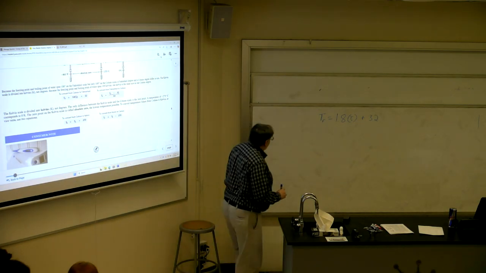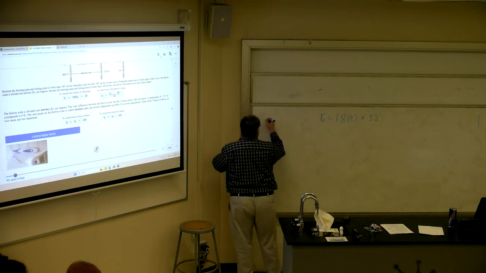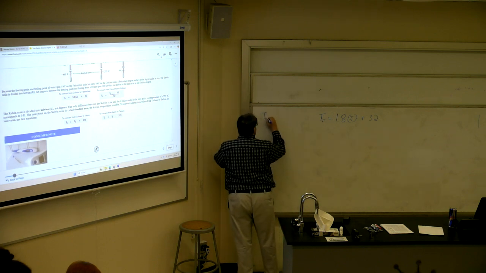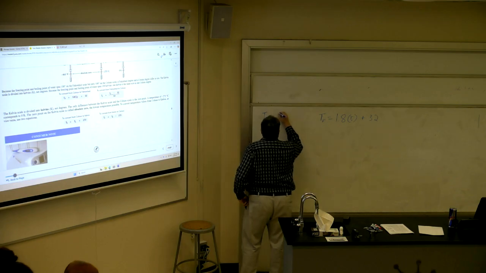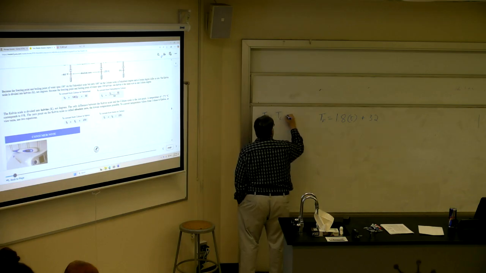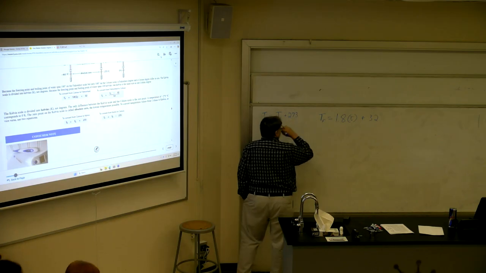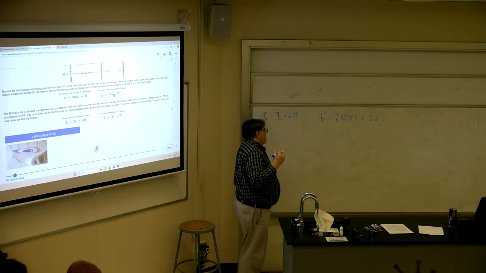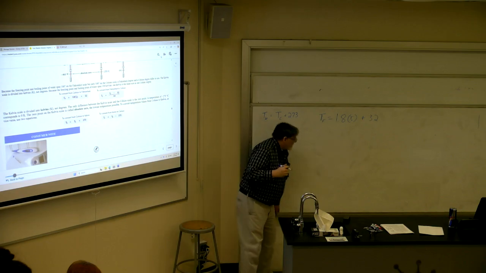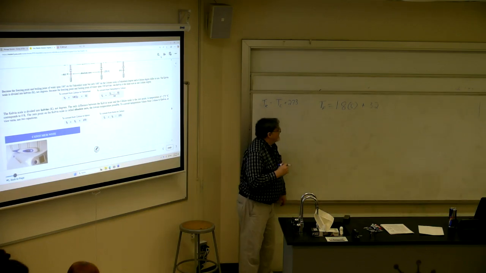If you rearrange the algebra, you get this. And then to convert to Kelvin, the equation is temperature in Kelvin equals temperature in Celsius plus 273. All right, so 3 different temperature scales.